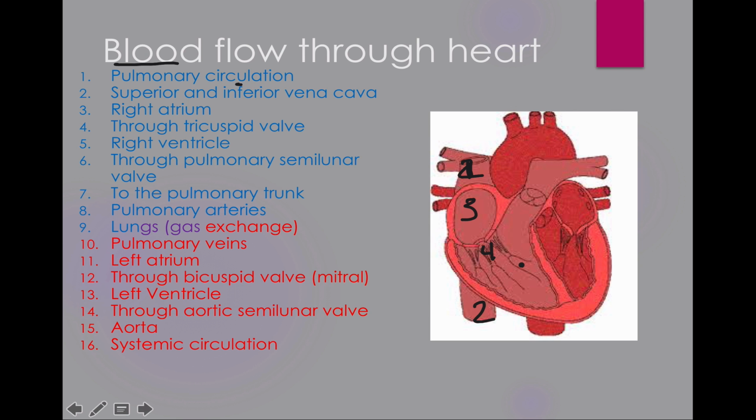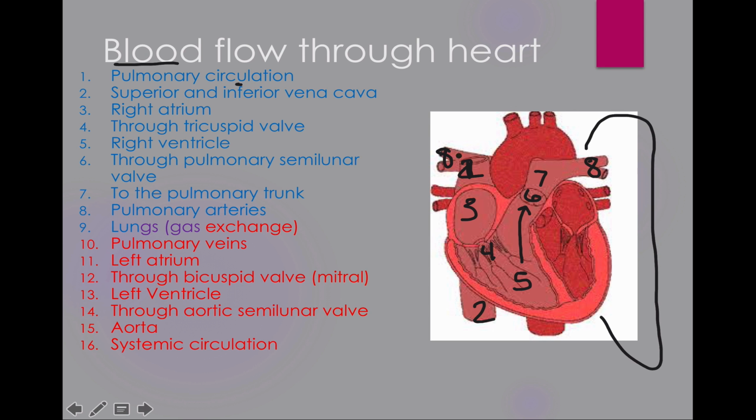Then we get to the right ventricle. Then from the right ventricle, we go up through the pulmonary semilunar valve. Then we get to the pulmonary trunk, which is number 7 here. And then we break off into the pulmonary arteries. So you have 2 pulmonary arteries over here and 2 pulmonary arteries over here.